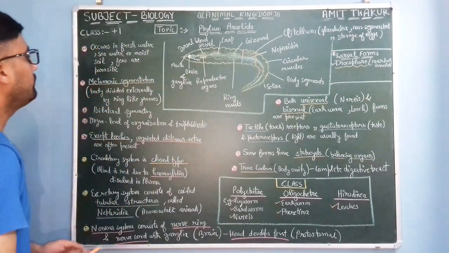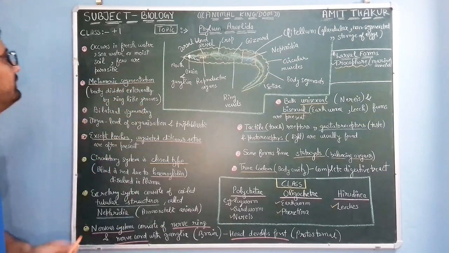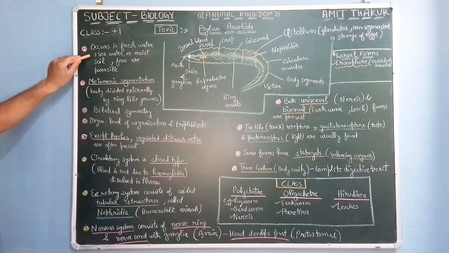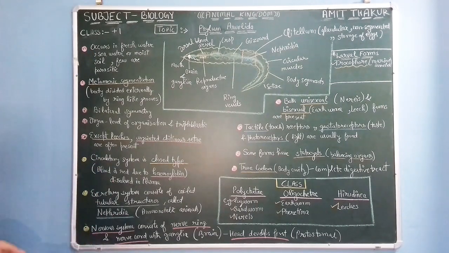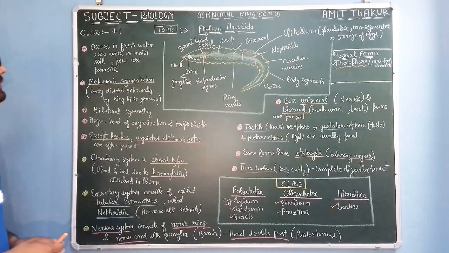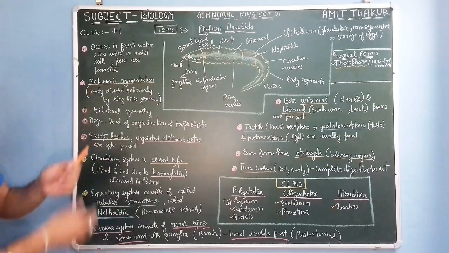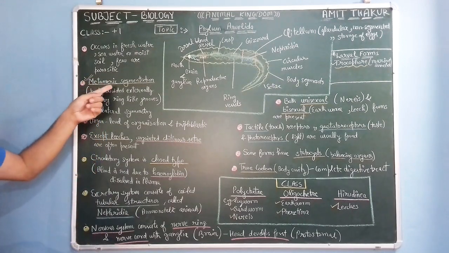Okay. So here are the characteristic features of annelids. They occur in freshwater, seawater or moist places or moist soil, and very few are parasitic in nature. They have a special distinct feature, metameric segmentation.